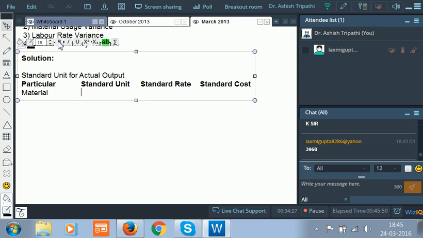Material standard unit. For 1 unit it is 2 kg. Our actual production is 4 lakh unit. Do the cross multiplication and tell me standard unit for actual output.